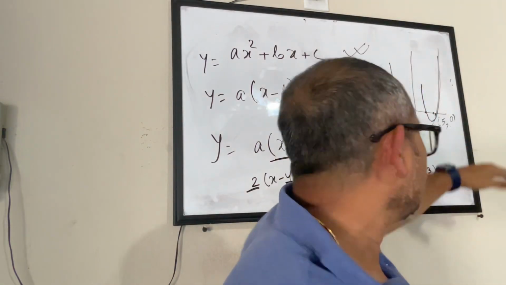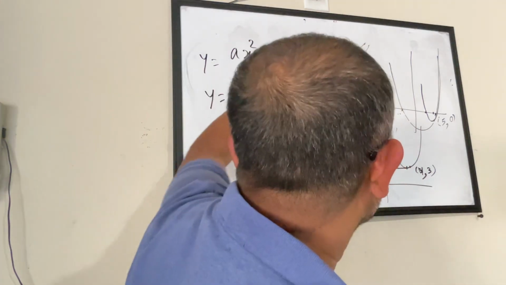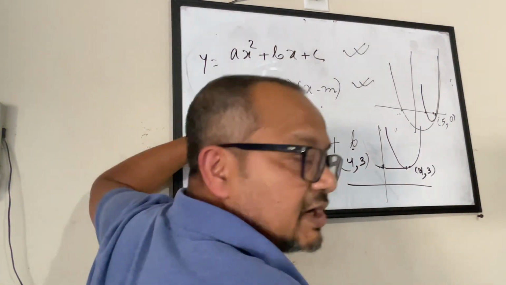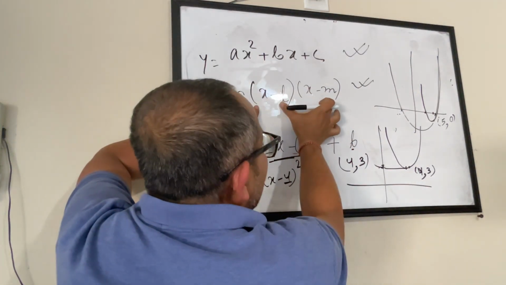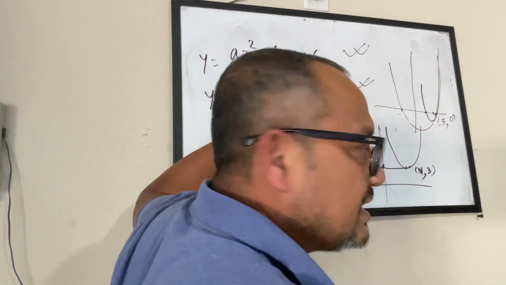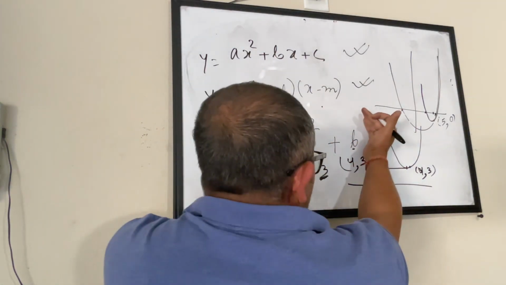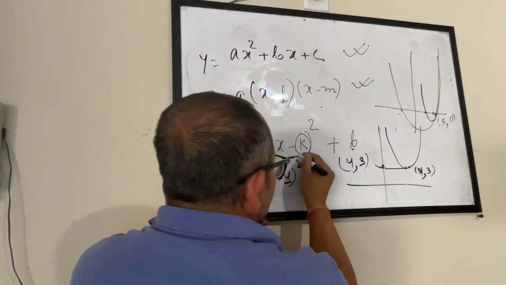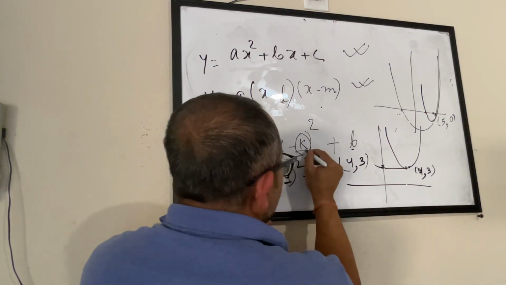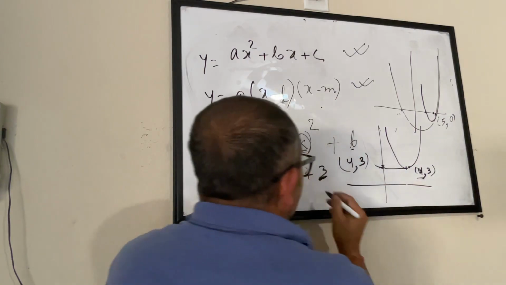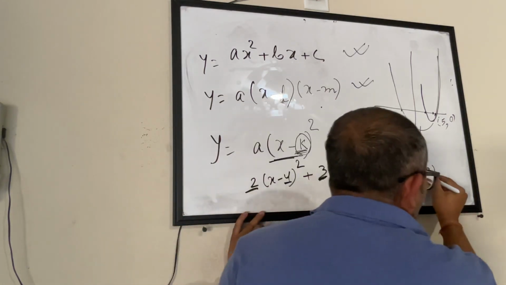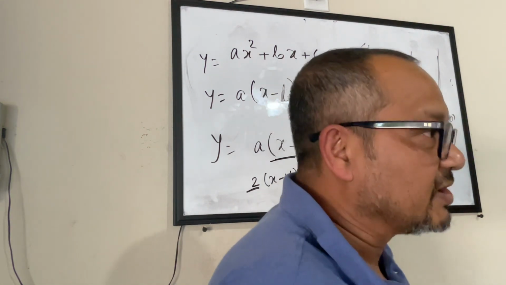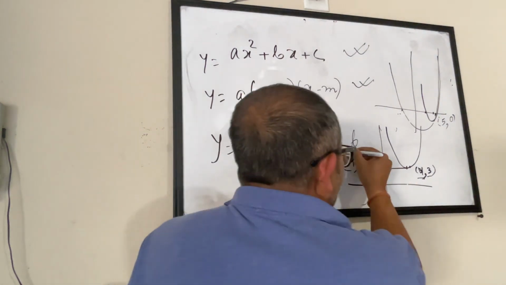The factor form tells you in a simpler way where it's meeting the x-axis. And if you convert your equation to vertex form, the value of k is your x coordinate and the value of b is your y coordinate of the vertex. It just gives you the information of the vertex.